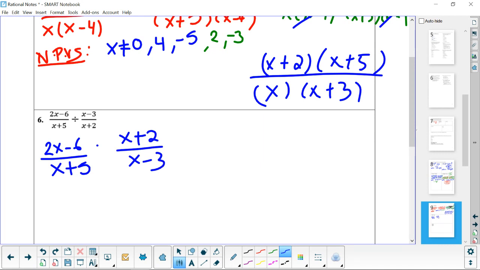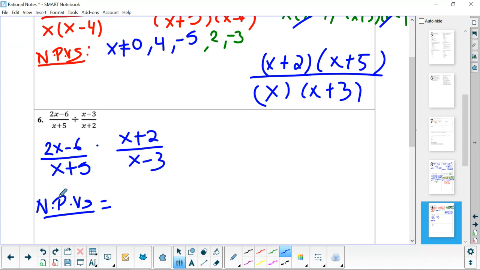Okay, now before we cancel out the common factors, we will find the non-permissible values. So for non-permissible values, you always look at the original equation too, and then once you have changed your division into multiplication, then you look at the second part of your expression, and you apply your non-permissible values there also.